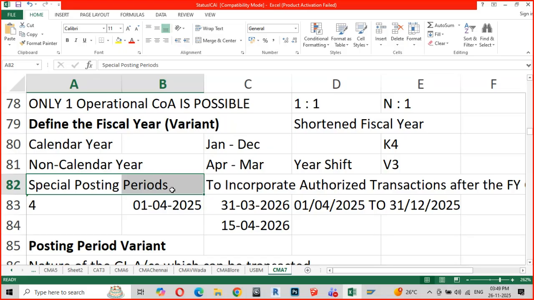Entries which are authorized typically by your auditor, your head office, or any of the governmental authorities. So only on the advice of the competent authorities are you supposed to incorporate these entries, after the last day of the year is over and the entries still pertain to the previous year of accounting.